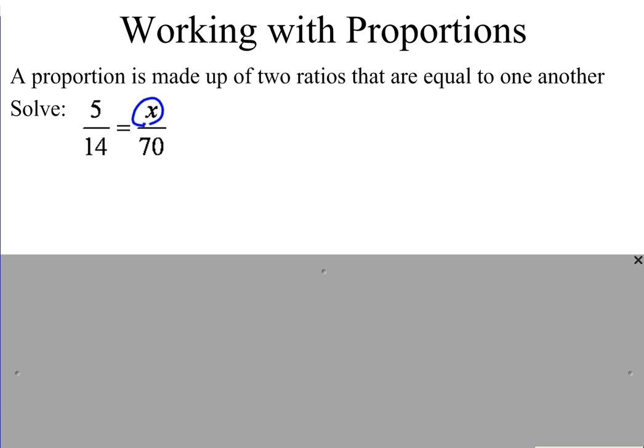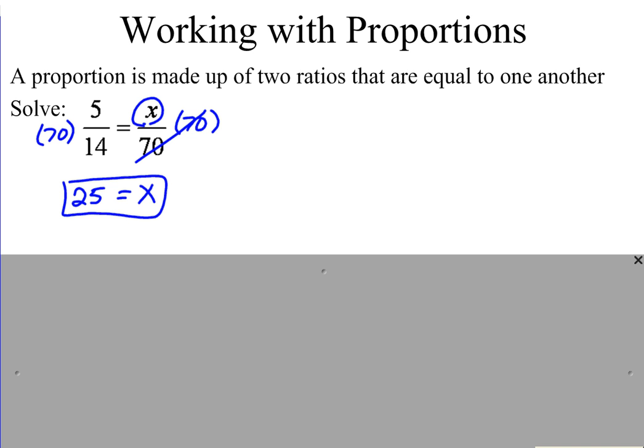I'm trying to get x by itself. So I'm going to leave x right where it's at. x divided by 70. The opposite of dividing by 70 is to multiply by 70. So I'm going to multiply both sides here by 70. That leaves me with x, which is what I wanted. In your calculator now, plug in 70 times 5/14, and you should get 25.